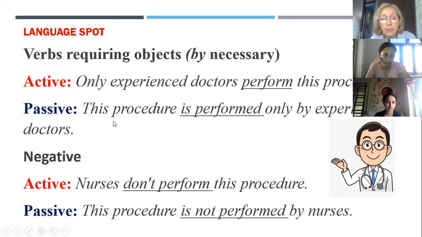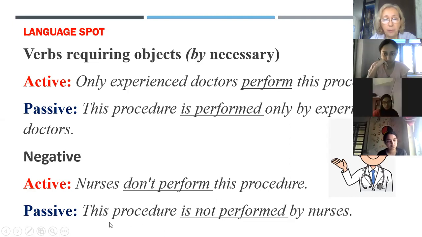Active voice: only experienced doctors perform this procedure. And passive: the procedure is performed only by experienced doctors. If we omit by experienced doctors, the sentence doesn't make any sense. That is why it's necessary to use it. And the negative structures: nurses don't perform this procedure. And passive voice: this procedure is not performed by nurses.